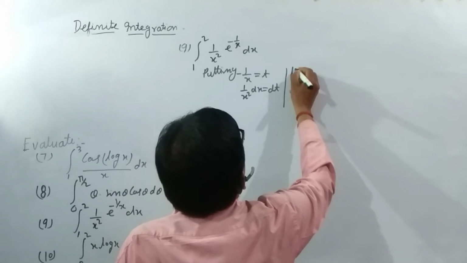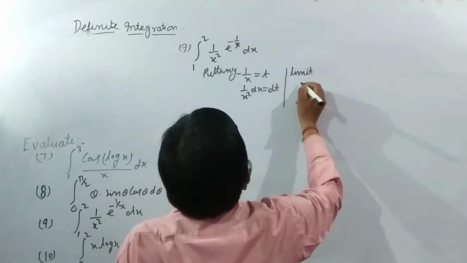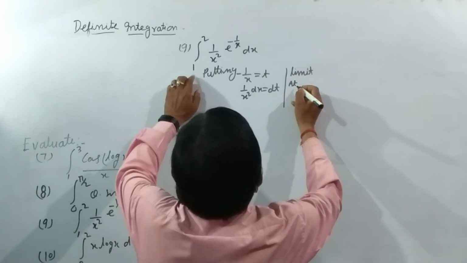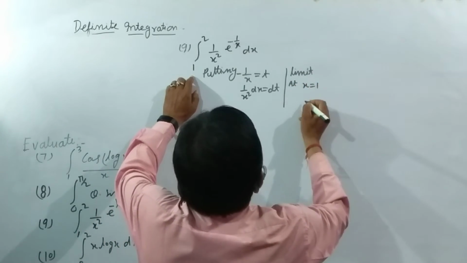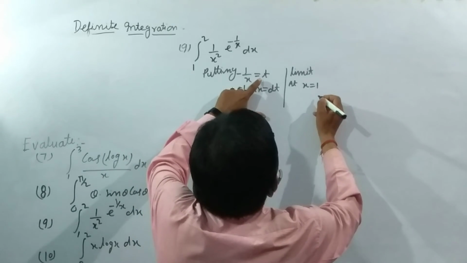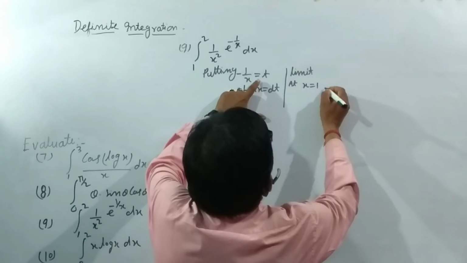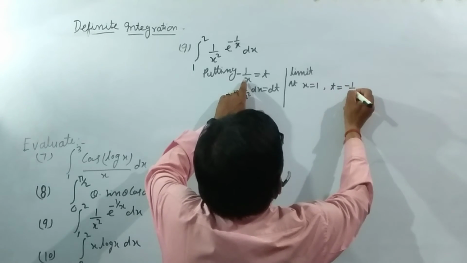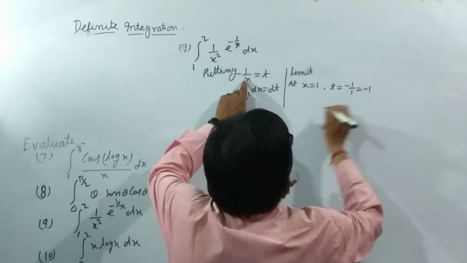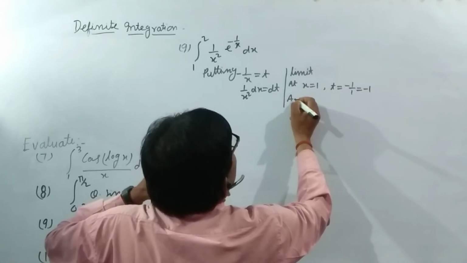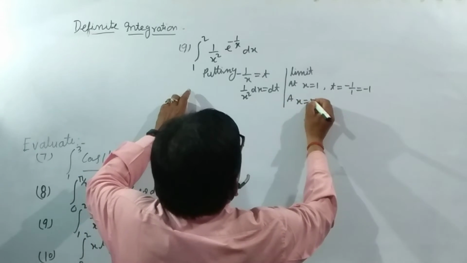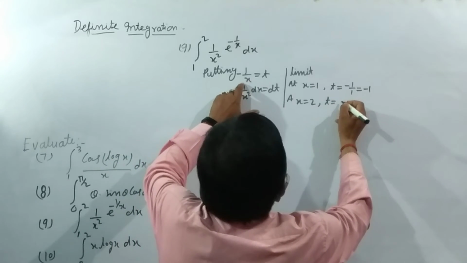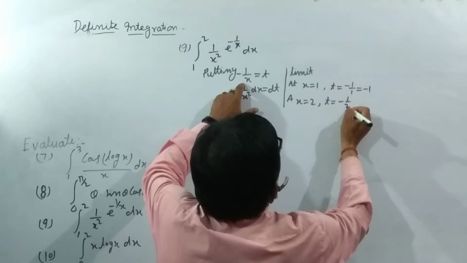The limits will be: at x equal to 1, t equal to minus 1 by 1, that is equal to minus 1; at x equal to 2, t equal to minus 1 by 2.